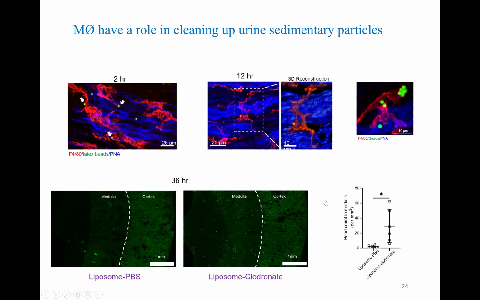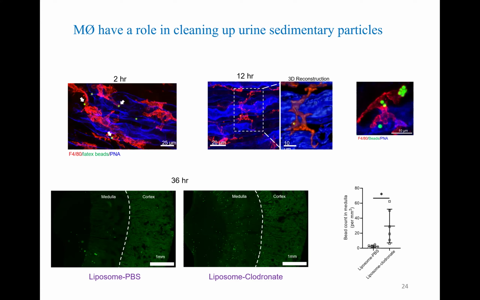However, the result of this experiment also raised a question: how were the beads eventually removed from the kidney by the macrophages? If the beads were only phagocytosed and transported to the interstitium, they should still stay in the interstitium. But actually, after 36 hours, the beads were almost gone from the kidney.